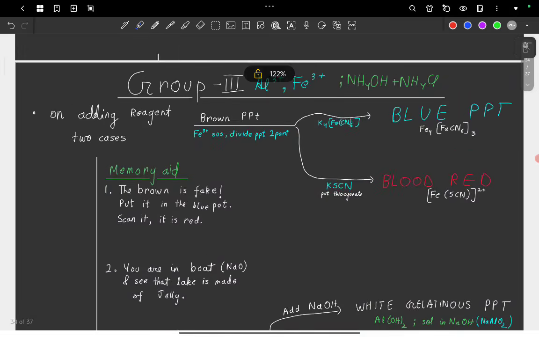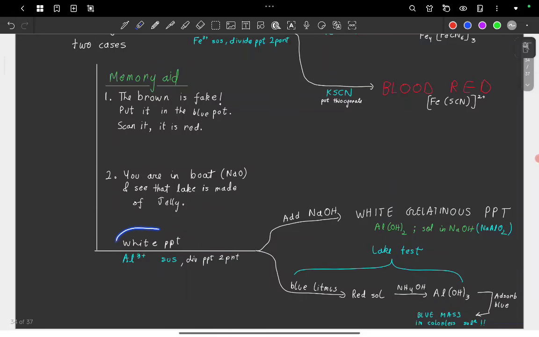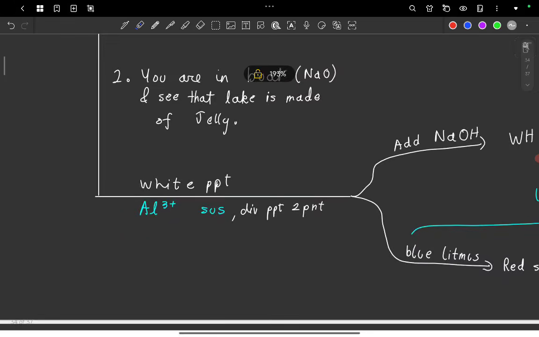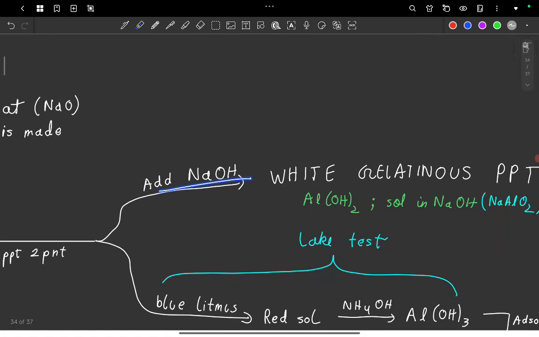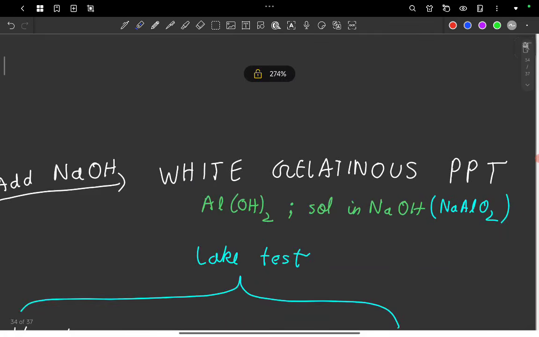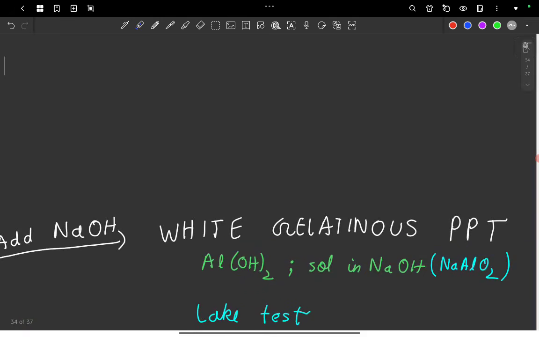Now, if on adding the reagent, the PPT comes out to be white, you have to suspect the presence of the Al3 plus ion. And again, you have to divide the PPT into two parts. To the first part, you add sodium hydroxide and it forms a white gelatinous PPT. Gelatinous is basically like jelly.